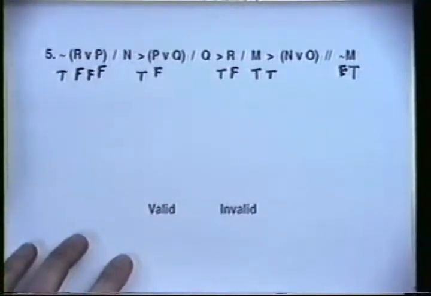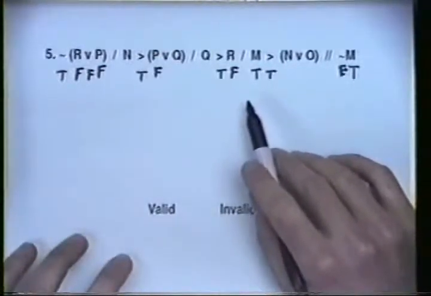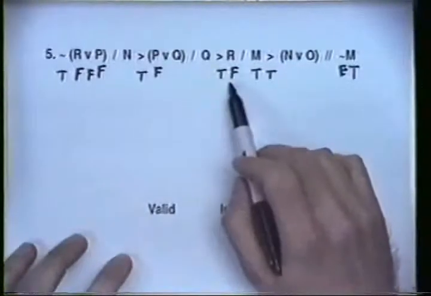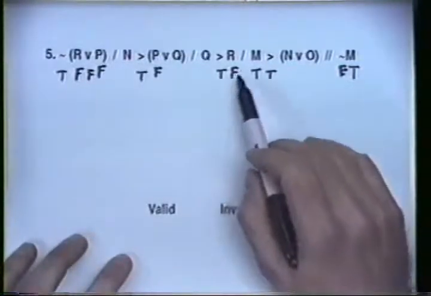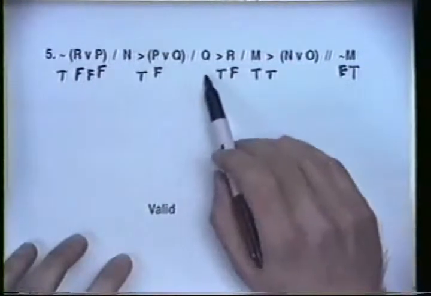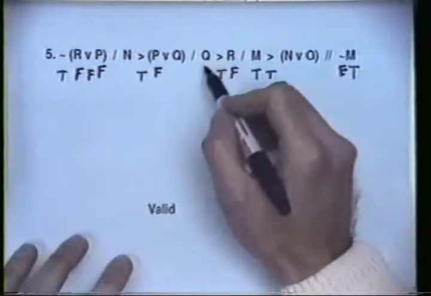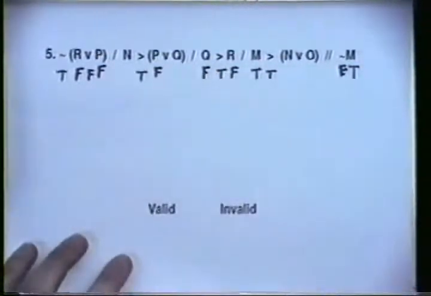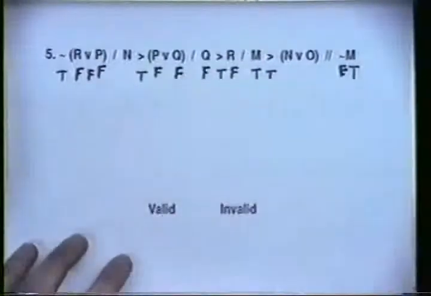Now let's see what else we can learn just from the values that we already have down. Notice this conditional here. This has to be true, but it has a false consequent. Therefore, we know that Q can't be true. If it were, this whole thing would be false. So Q must be false. Notice that tells us something more about premise 2.